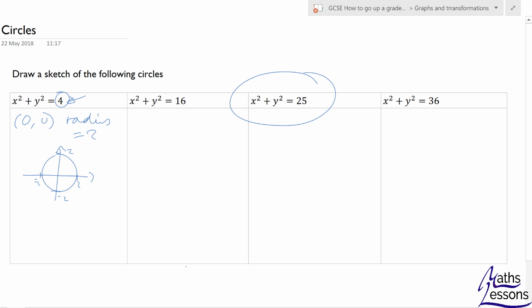Okay, it's actually been enough time to do this one. So we know that it's going to be a circle, centre at the origin, radius equal to 5.